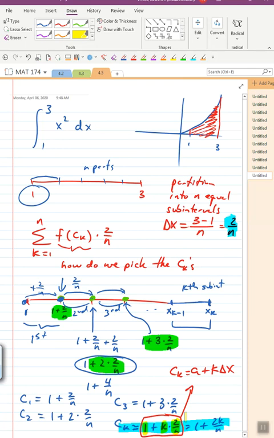And you're just repeatedly adding delta x to get to the next endpoint, the next endpoint, and so on, until you get to the very last one. Notice, just to make sure this is right, what's Cn going to be? It's going to be 1 plus n times delta x, which is 2 over n, which gives me 1 plus 2, which gives me 3. And that puts me at the right endpoint overall.